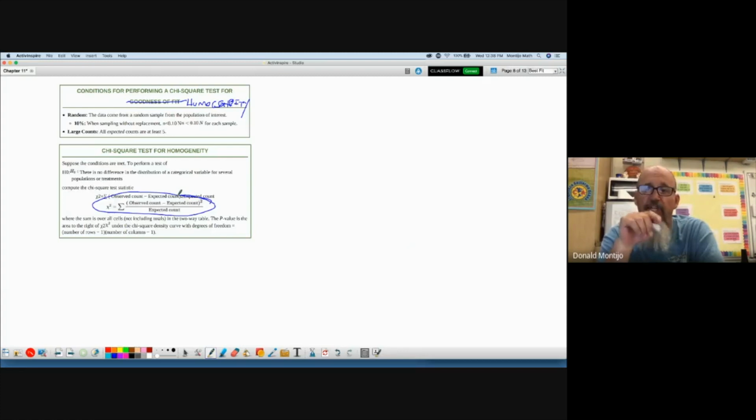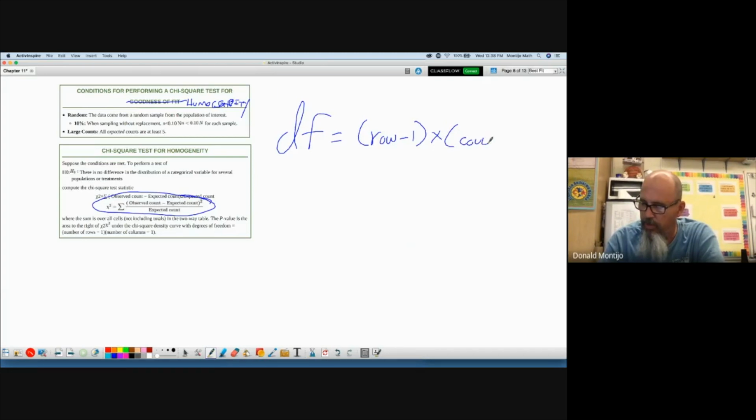Remember, for the goodness of fit test, for the degrees of freedom, we did K minus 1, or the number of categories minus 1. Well, for a two-way table, such as this one here, when we're looking at gender of the interviewer versus who they would vote for, to find the degrees of freedom for a two-way table, we take the row minus 1 times the columns minus 1.